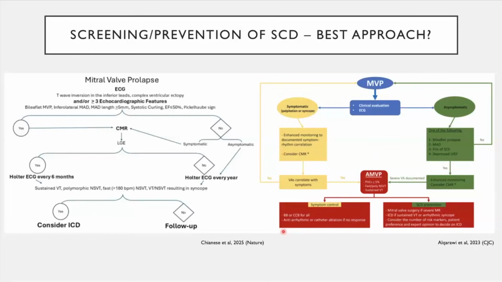That could be done with beta blockers or calcium channel blockers, and then second line being antiarrhythmic medications or catheter ablation if no response. And then again, prevention of sudden cardiac death, where ICD should be considered for secondary prevention, but also a discussion could be had for primary prevention purposes as well. Sorry if that's a little bit small to read there.